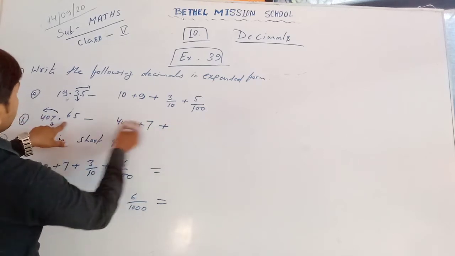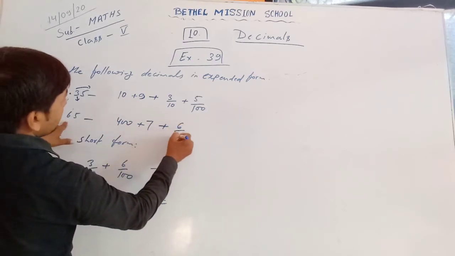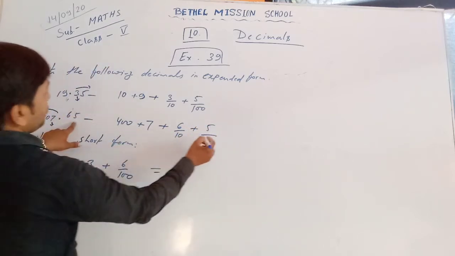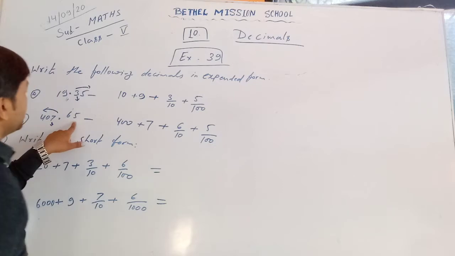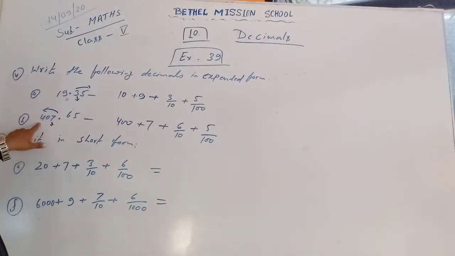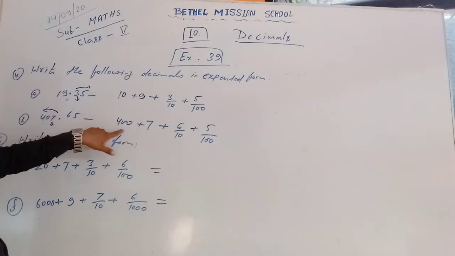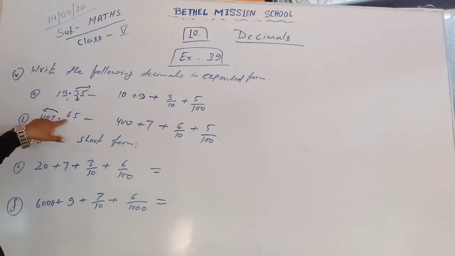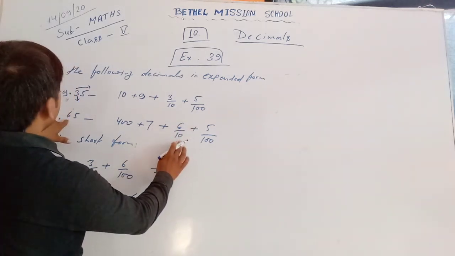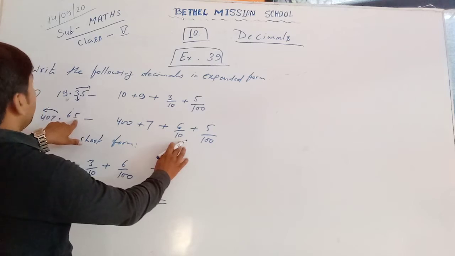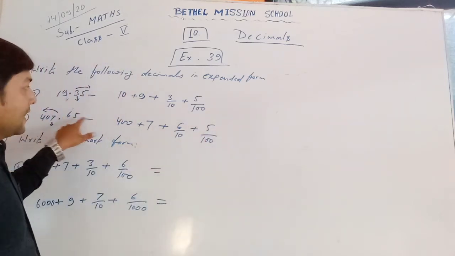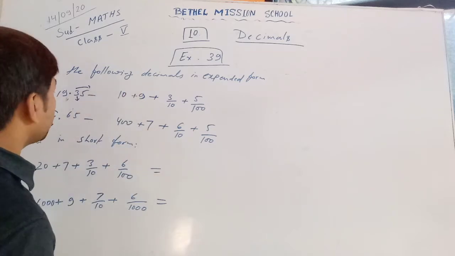After the decimal this is 6 and 5, so 6 upon 10 and 5 upon 100. This is the expanded form.